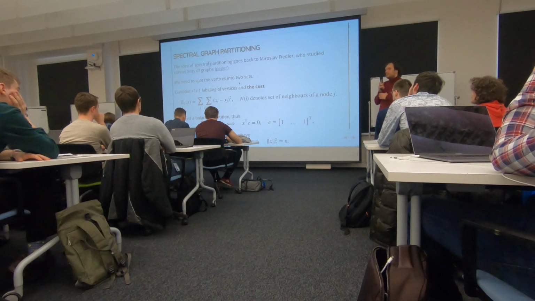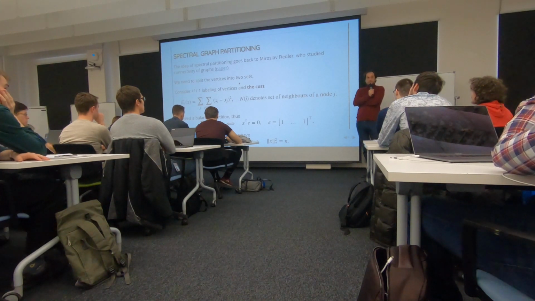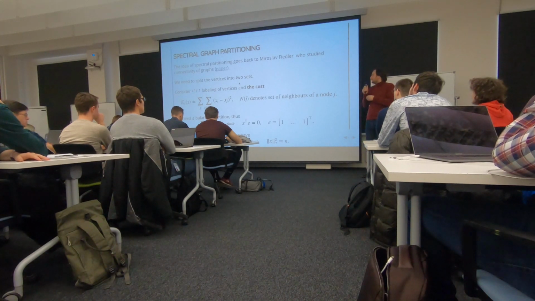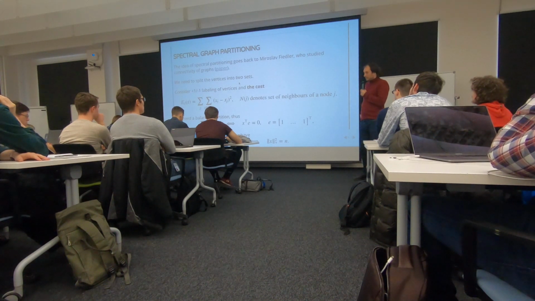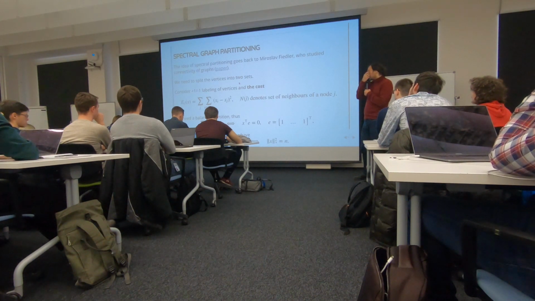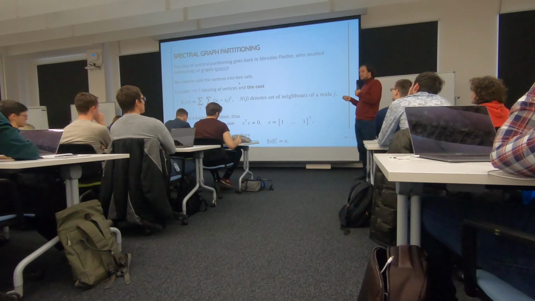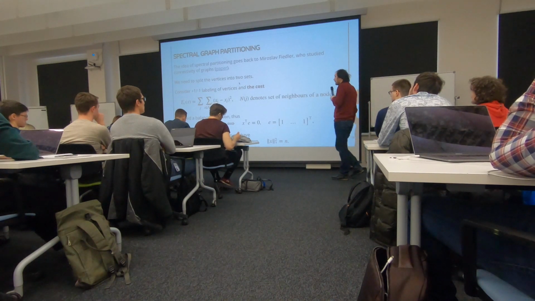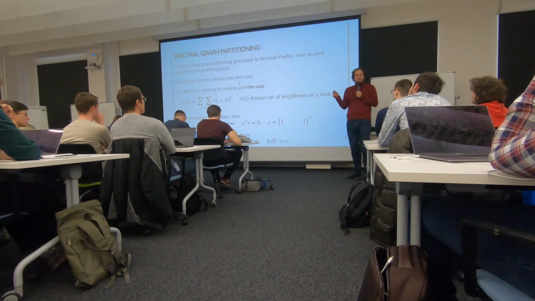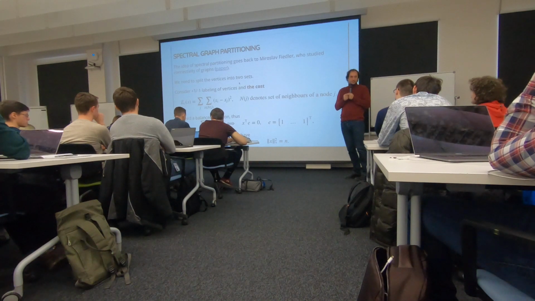So what is our task? The task is that we need to split our vertices into two groups, group 1 and group 2, in such a way that they are separated. We do that by assigning plus and minus 1. Group 1 gets +1, group 2 gets -1, and we want to minimize the number of edges going from group 1 to group 2.